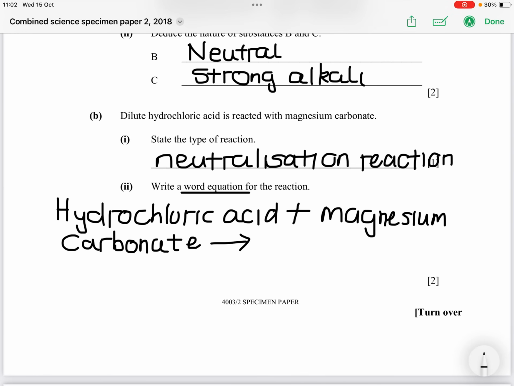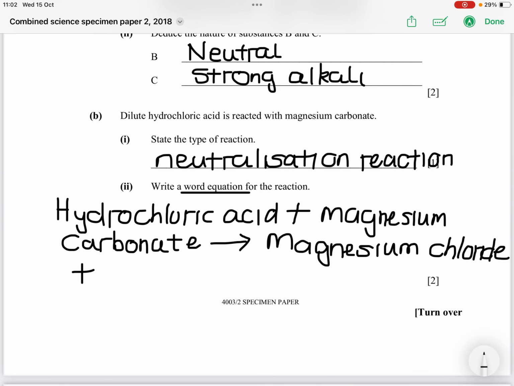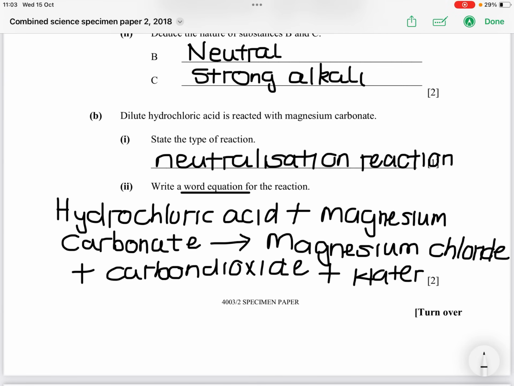This is going to form magnesium chloride plus carbon dioxide plus water. So this is how you get the 2 marks. So you need to pay attention.